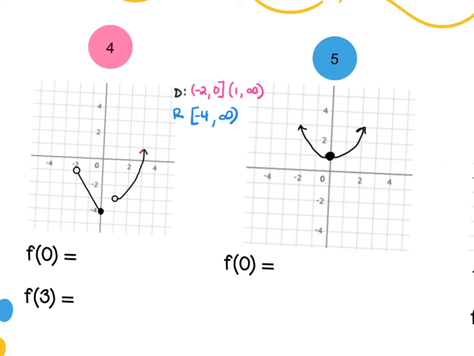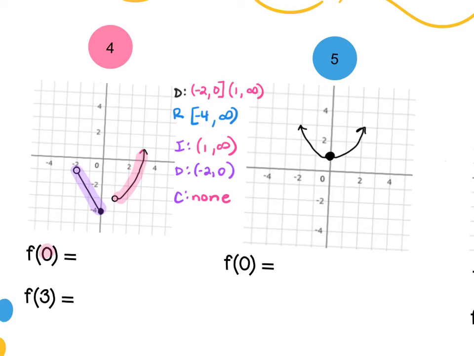If I look at my increasing, decreasing, and constant behavior, the first part of the graph is falling as I move from left to right, so it's decreasing. I use the x values, which would be negative 2 to 0. Then my graph rises, which is increasing, and the x values again would be 1 to positive infinity. There's no horizontal parts, so there are no constants.